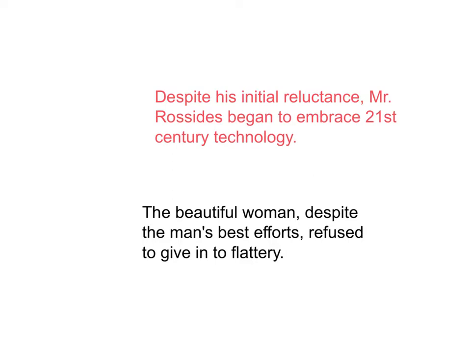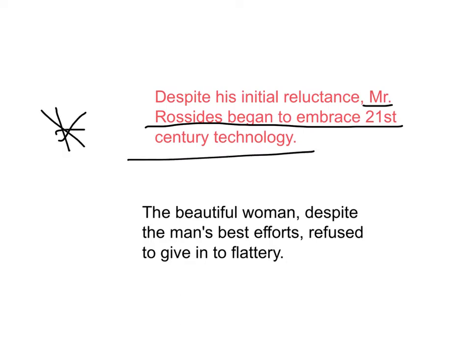Now, I'm sure you're an expert at this now, but just to double check, despite his initial reluctance, Mr. Rhasides began to embrace 21st century technology. Mr. Rhasides began to embrace 21st century technology makes sense on its own. So you should have identified that as the main clause.